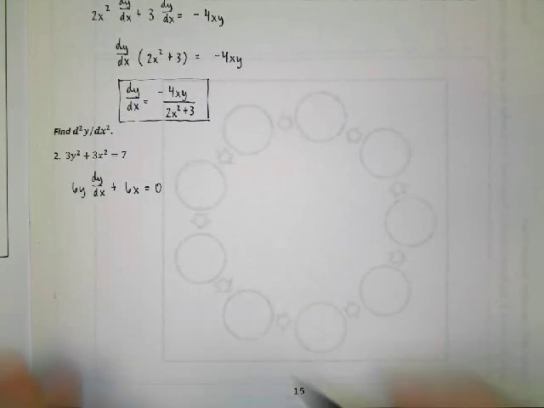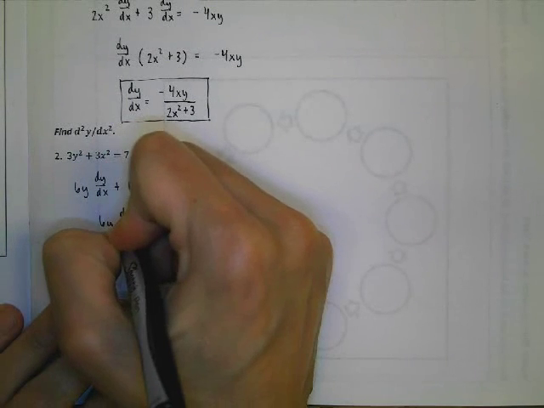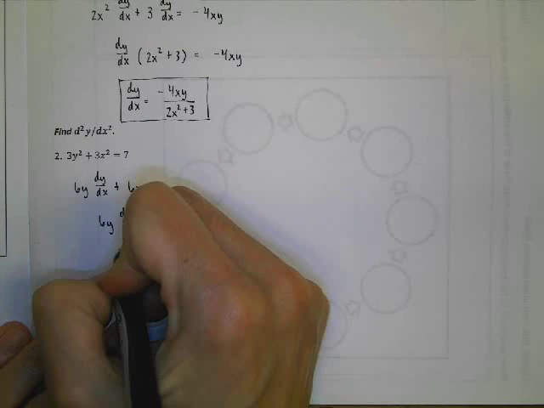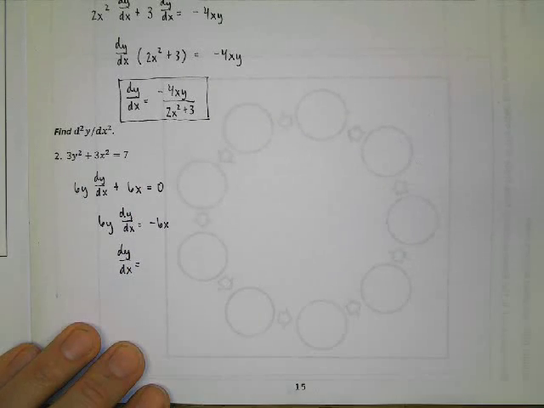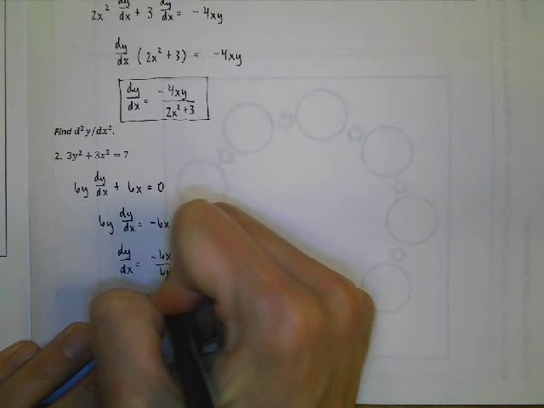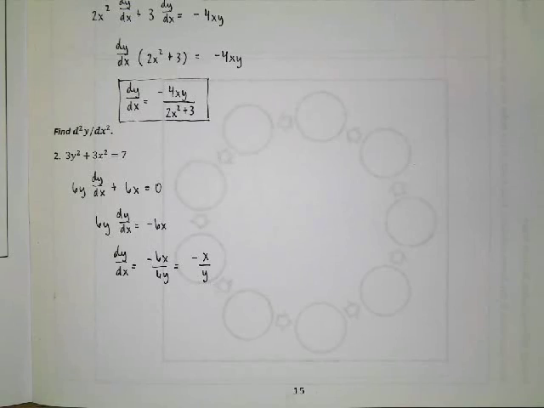So this is going to work out nice and give me a pretty straightforward derivative. So I get 6y dy dx equals a negative 6x. So my first derivative, dy dx, is going to be a negative 6x over 6y, or just negative x over y.